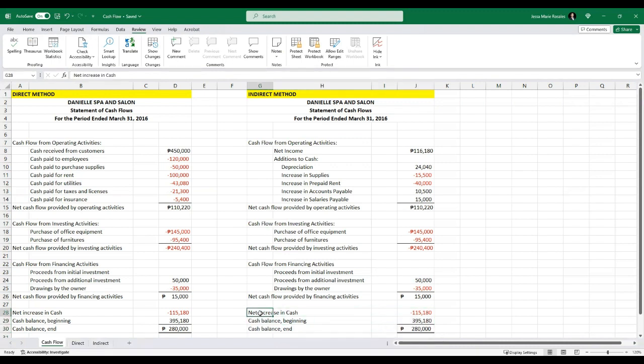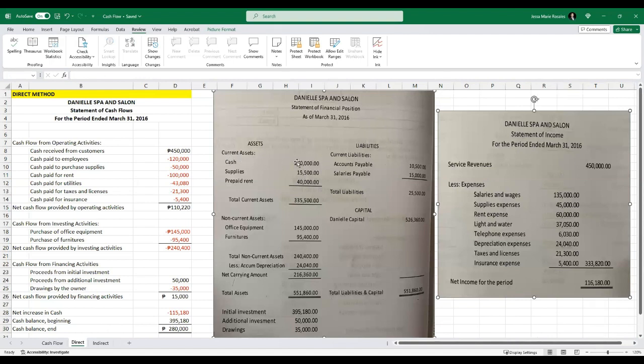Pila ang net increase or decrease in cash, pila ang cash balance at the beginning, pila ang cash balance at the end of the period. So kining cash balance at the end of the period, mao ni ang cash nga i-report didto sa balance sheet. Okay? Mao ni siya ang i-report sa balance sheet.